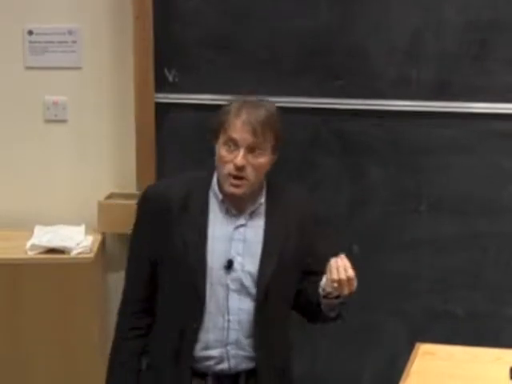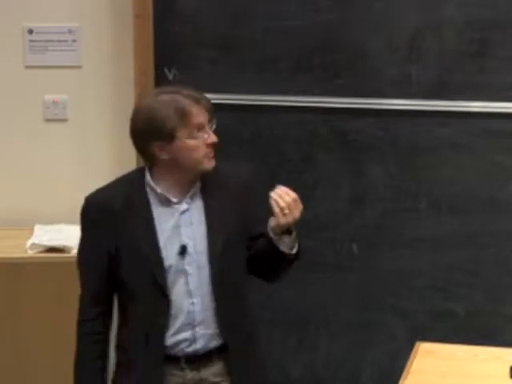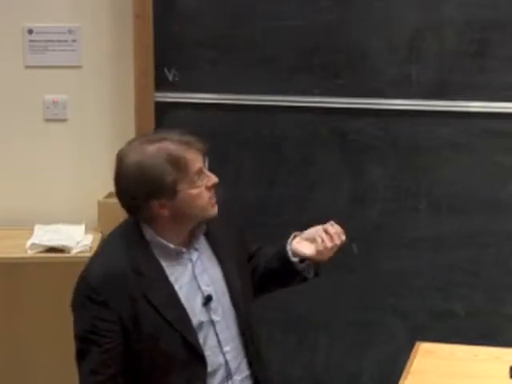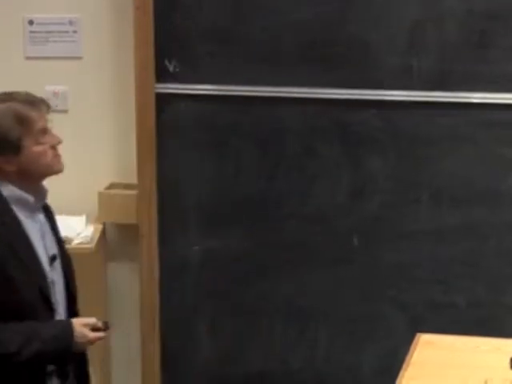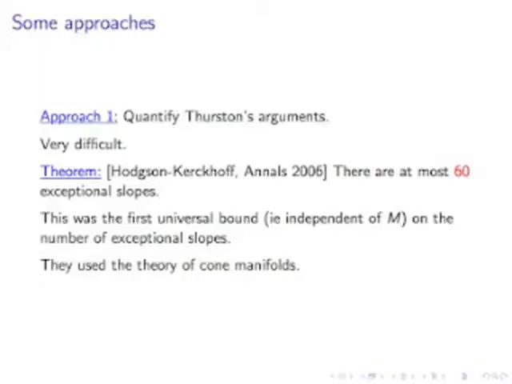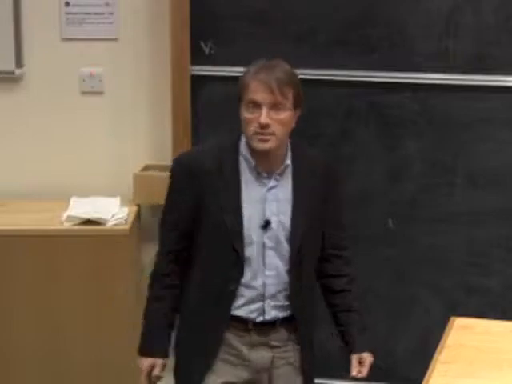With a good deal of work, though, you can get some information, and so this was an approach taken by Hodgson and Kerckhoff, and they proved that there are at most 60 exceptional slopes. And what was striking about this was that this was the first universal upper bound, in other words, independent of the manifold M, on the number of exceptional slopes.